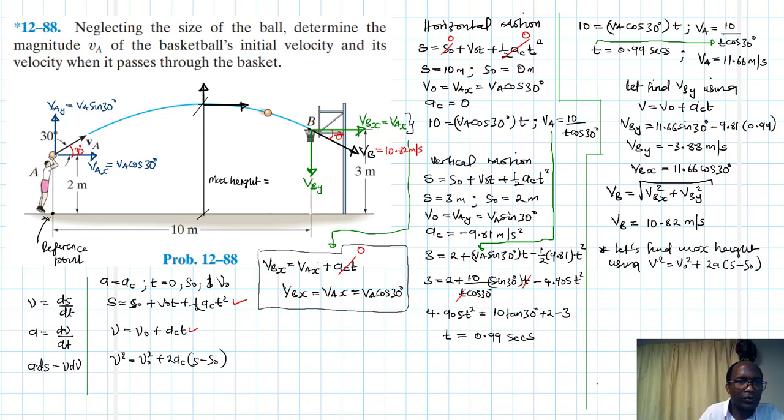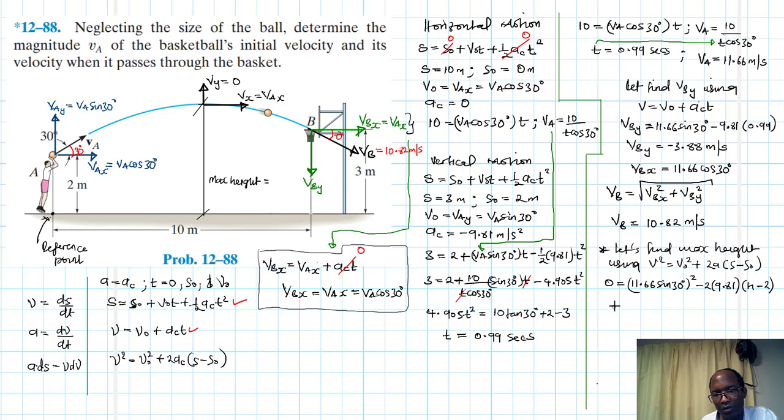If we label this, Vy will be equal to 0, while Vx will be equal to VAX. So this becomes 0 equal to 11.66 sine 30 squared minus 2 times 9.81 times (H minus S naught), where S is what we want to find, so just say H. Then our S naught is 2.